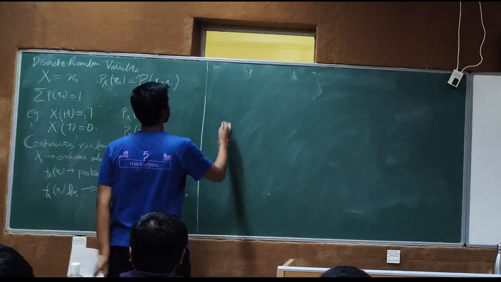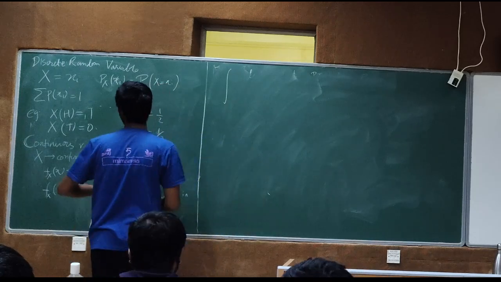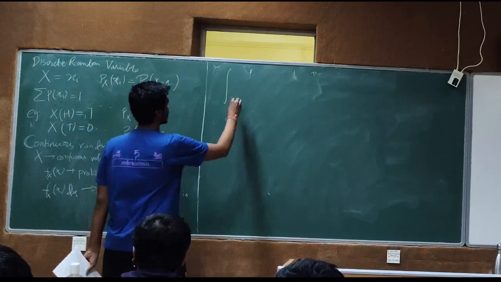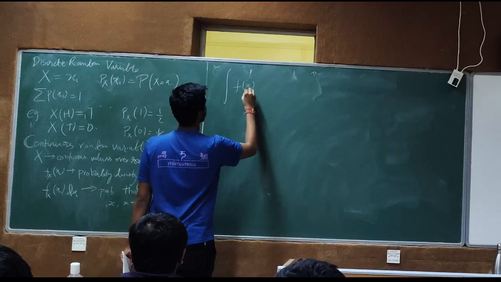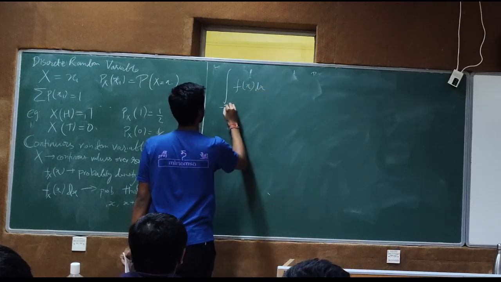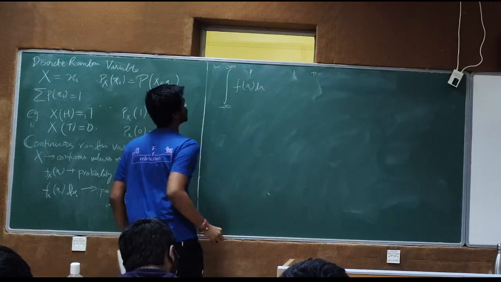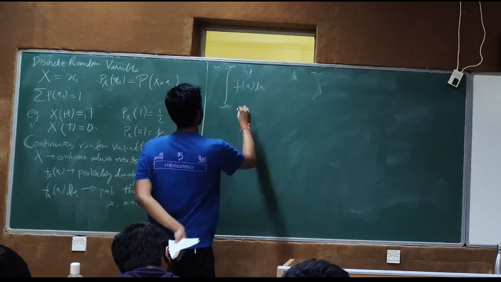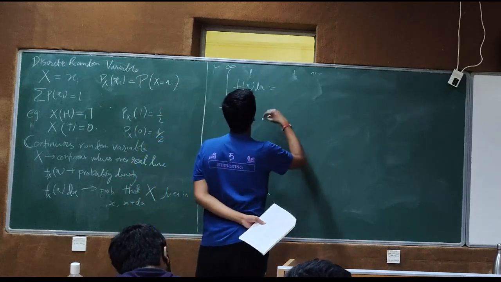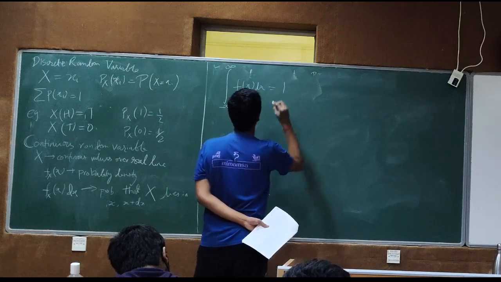This also follows a normalizing condition, where you replace the sum with the integral. I'm assuming x goes from minus infinity to plus infinity, and this will be equal to 1.